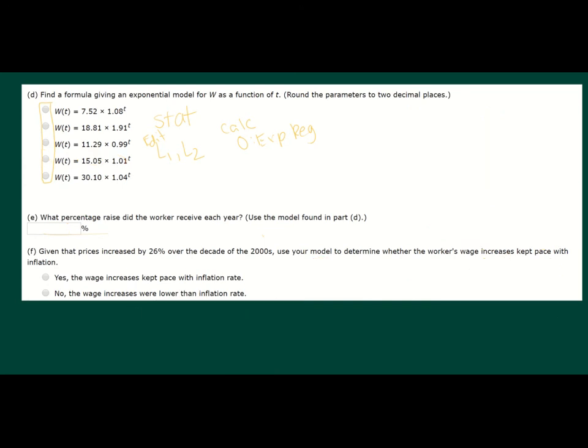So to answer part F, at least with the numbers that I was given in this problem, the wage increases were lower than the inflation rate. And so this worker, again, would not be able to afford the same apartment, the same car payment. The same loaf of bread would be effectively more expensive for them in 2010 than it was back in the year 2000.